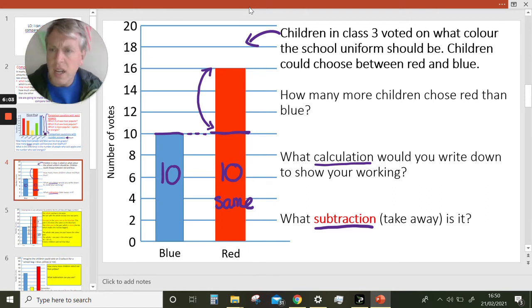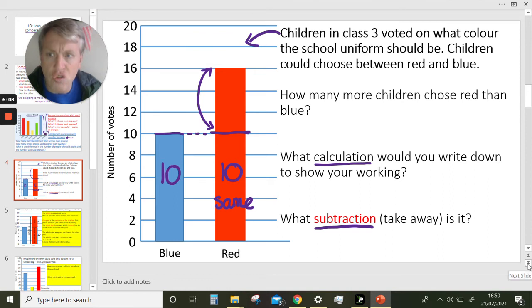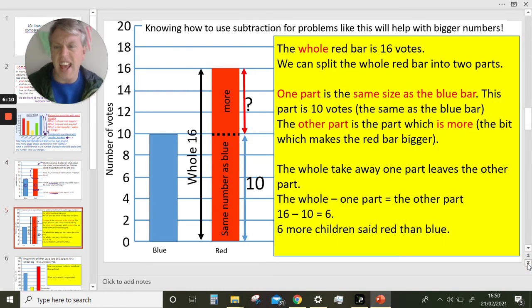So, can you see what subtraction it would be? Well, I've tried to draw it on the next page. So look, we've got to think the whole red bar is 16 votes, isn't it? From the bottom all the way up to the top of the red bar is 16. The whole value of that red bar is 16.